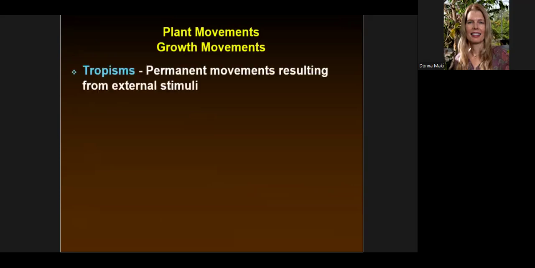Okay, then we have this idea of phototropism and gravitropism. Tropism, the formal definition is the permanent movements resulting from external stimuli. I kind of take issue with the word permanent, so I tend to drop that myself. It's more movements resulting from external stimuli because it's not permanent per se.